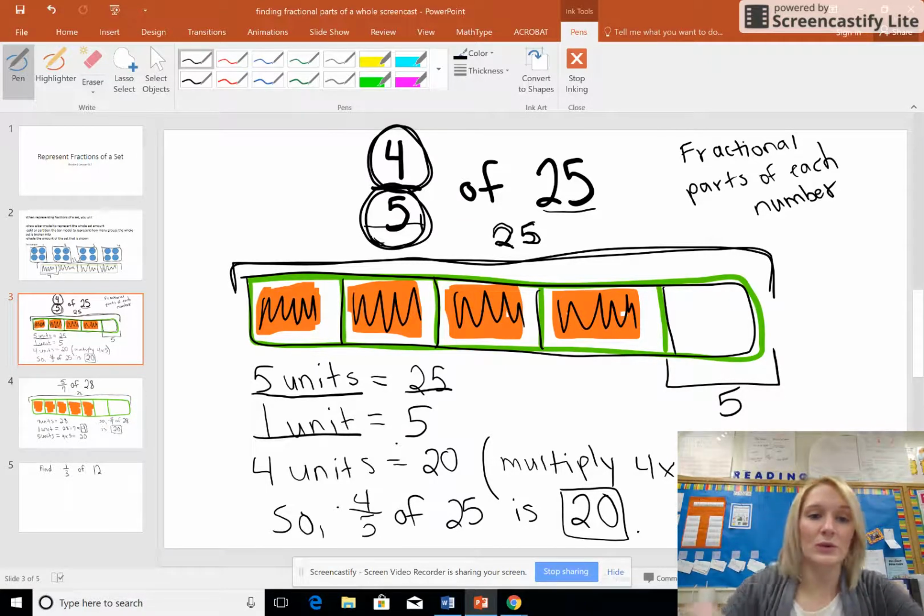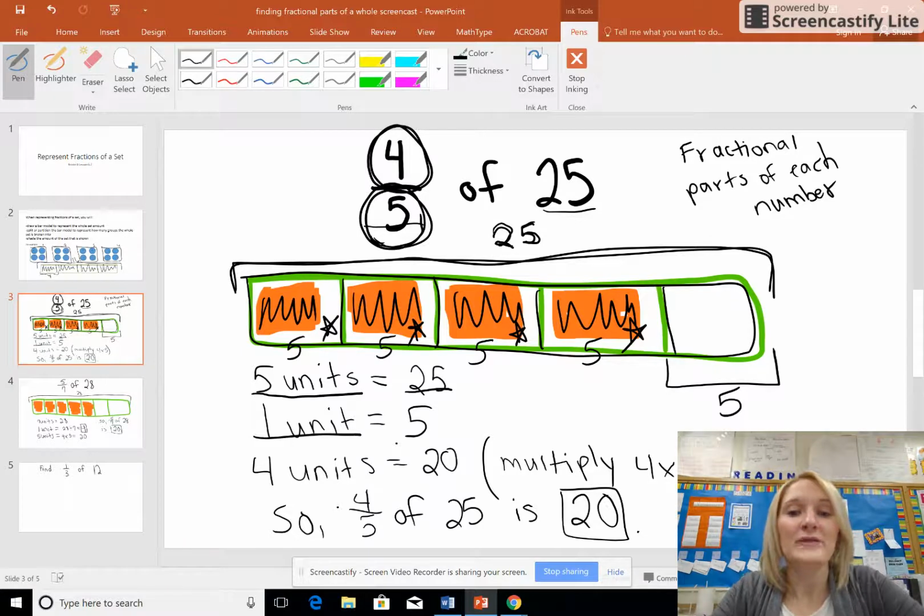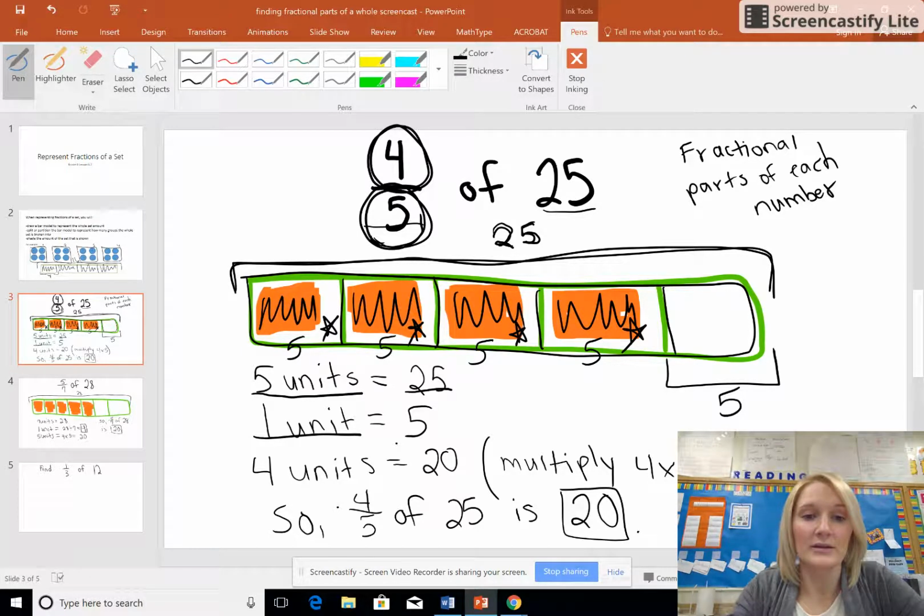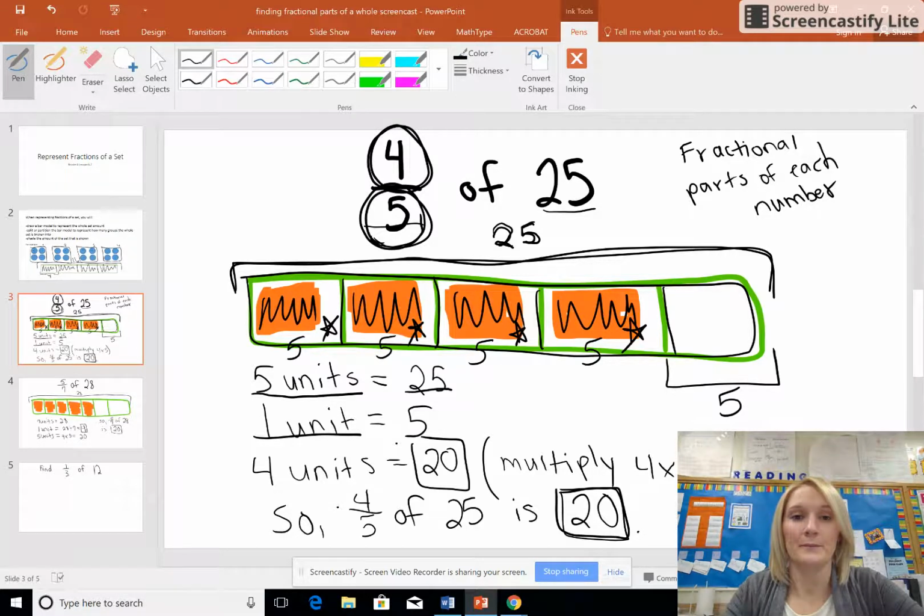If that's true, I want to know how much 4 out of 5, 4/5, is worth. So I would need to multiply 5 times 4: 5, 10, 15, 20. So 4/5 of 25 is 20.